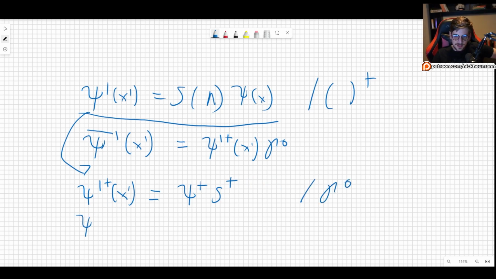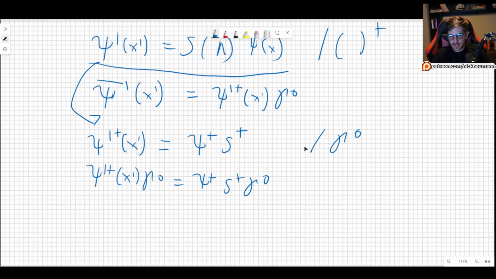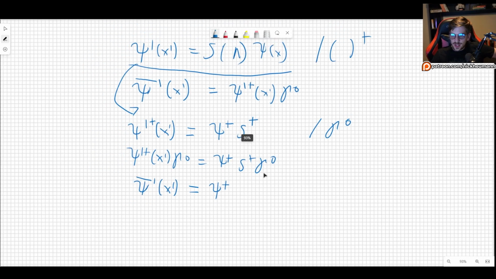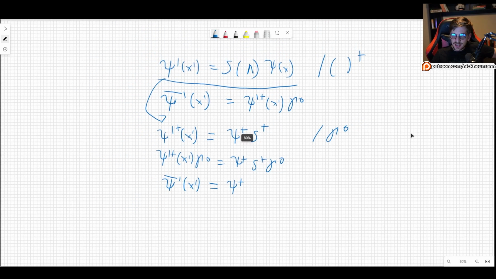So we get psi prime Hermitian adjoint of x prime times gamma 0, which is equal to psi dagger S dagger gamma 0. So here on the left-hand side we have psi Hermitian adjoint prime of x prime, and on the right-hand side, we have psi dagger. But what else we have is S dagger gamma 0.